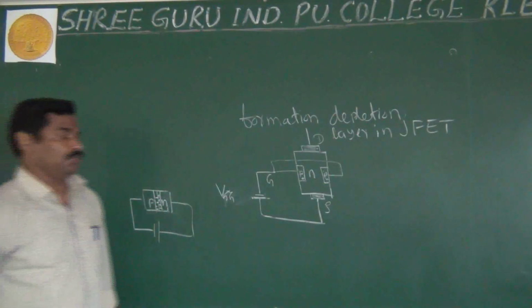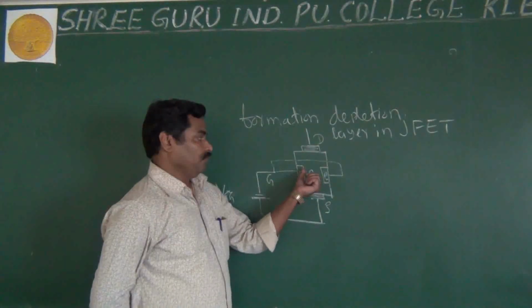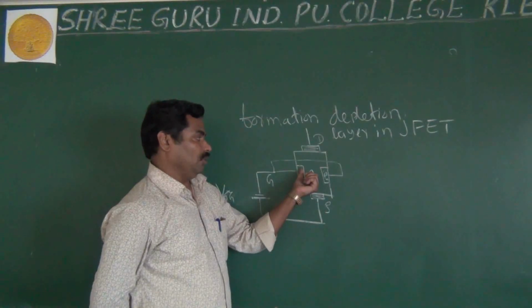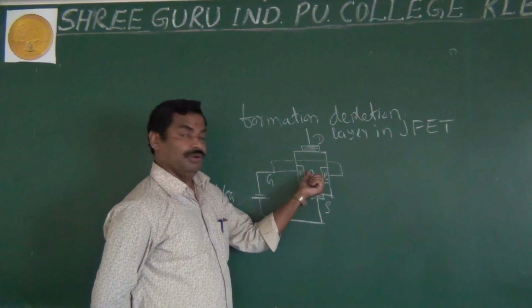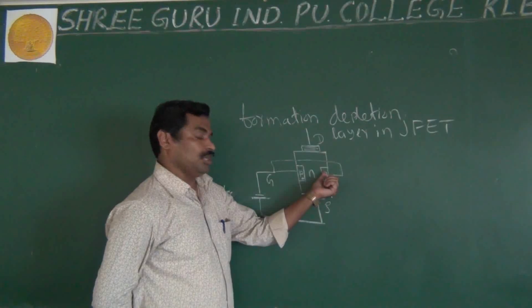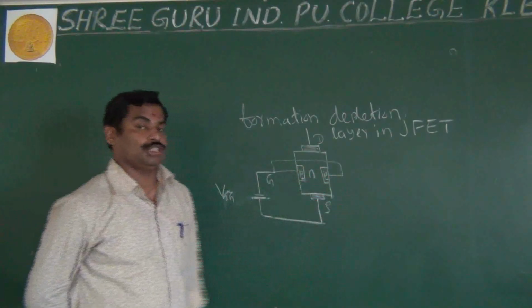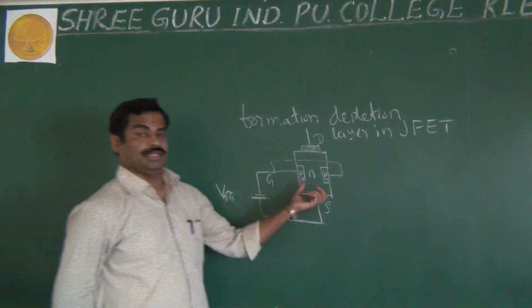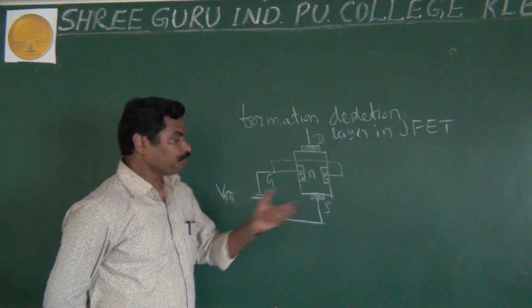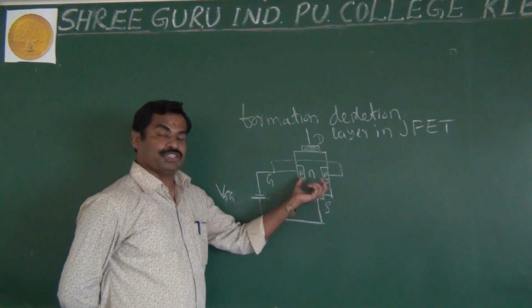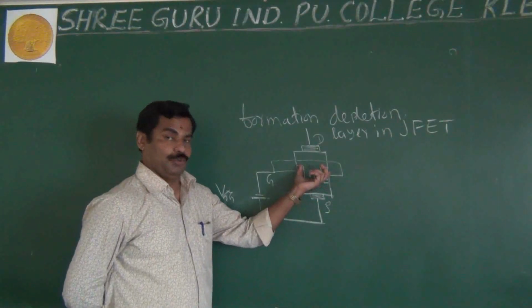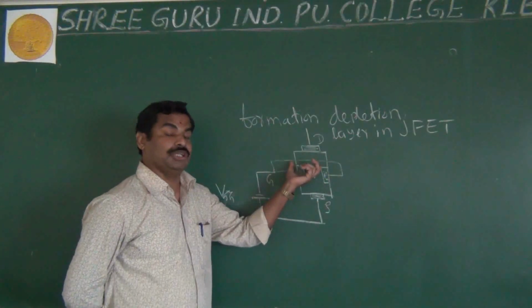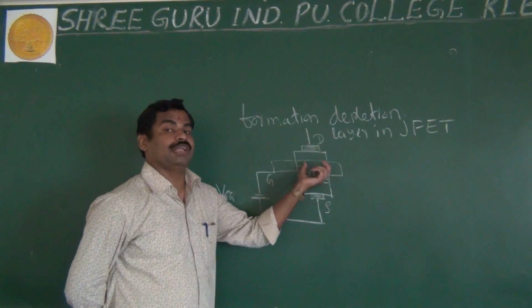And actually what happens? Because this depletion layer is increasing, this depletion also increasing. And as we know, the property of the semiconductors, always the depletion layer moves towards where it is slightly lower doped.